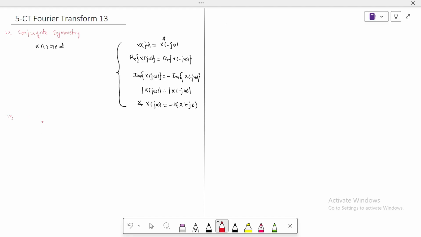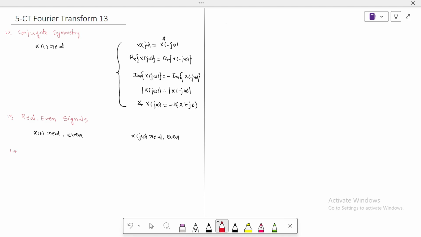Real and even signals. So now our signal is real. If x of t is real and even, then X of j omega is also real and even.